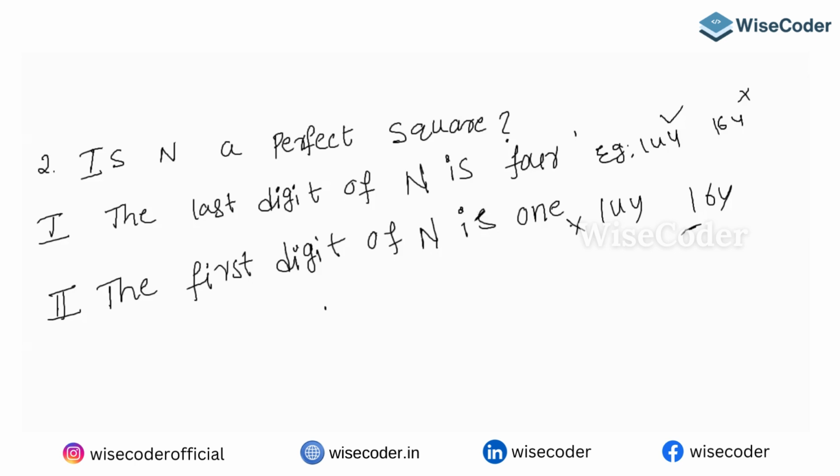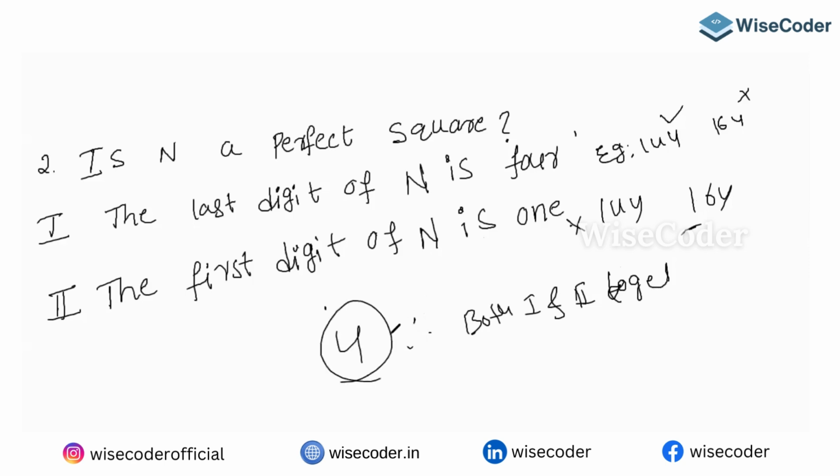So both 1 and 2 together are not sufficient to answer. Then the answer choice is the fourth option.